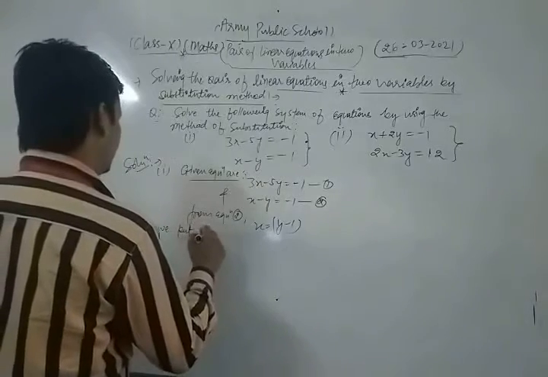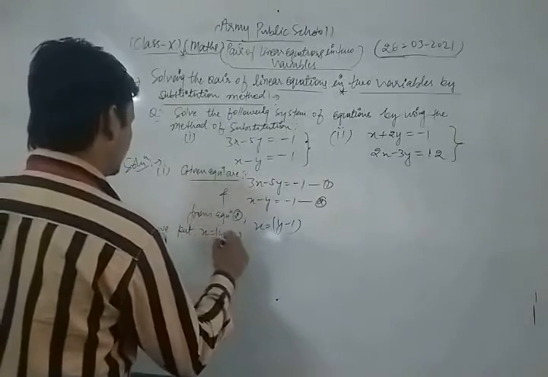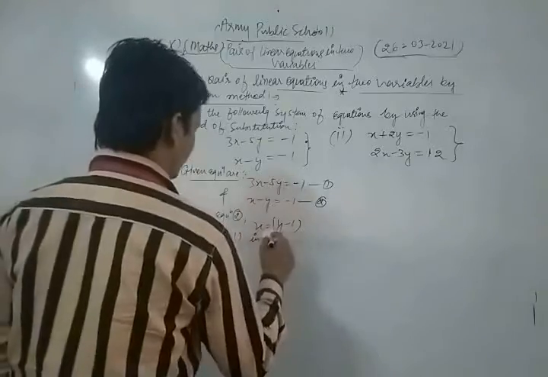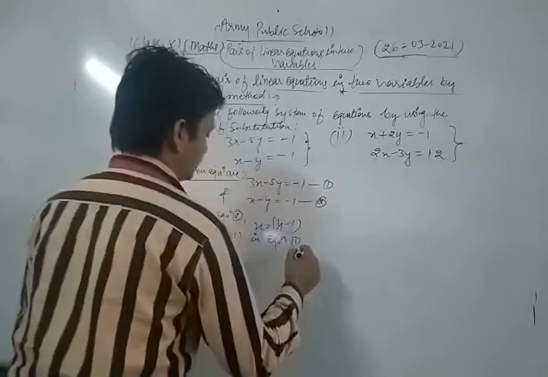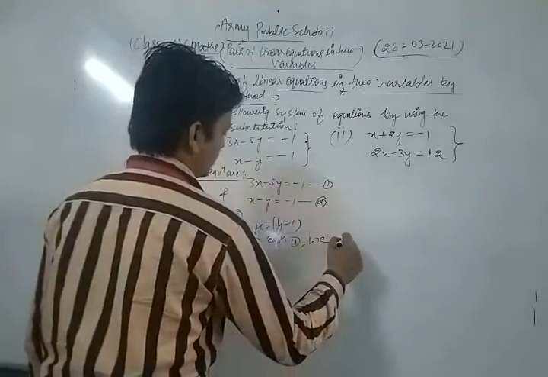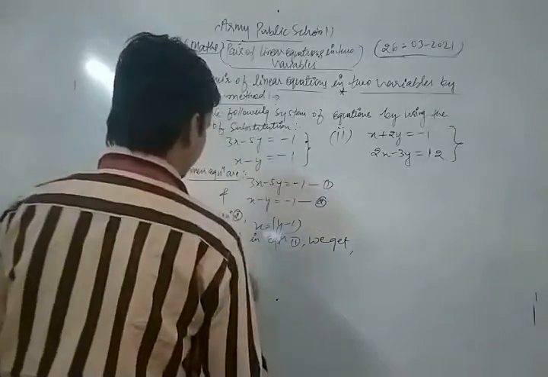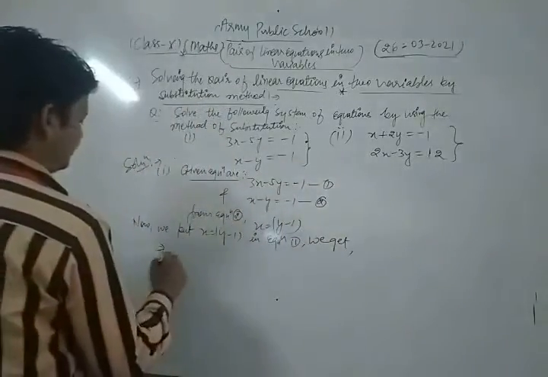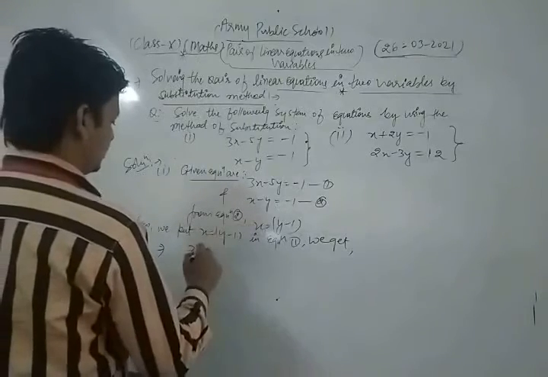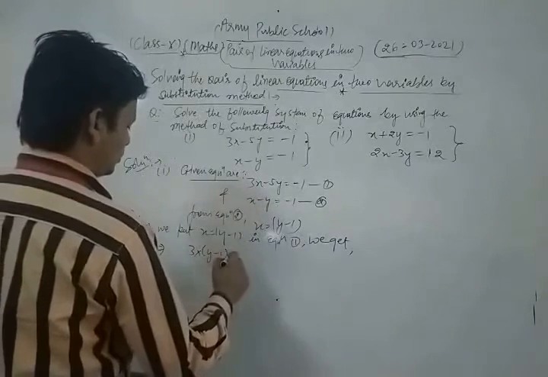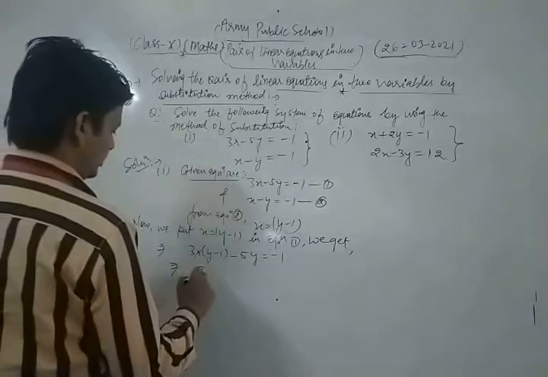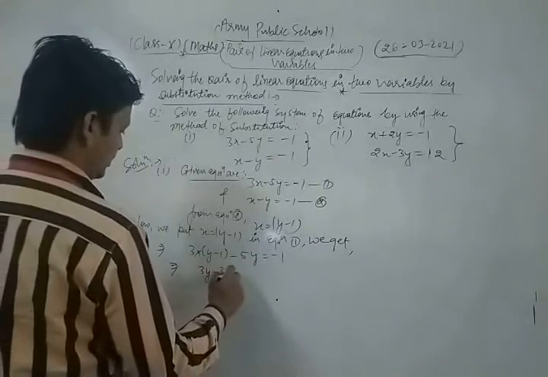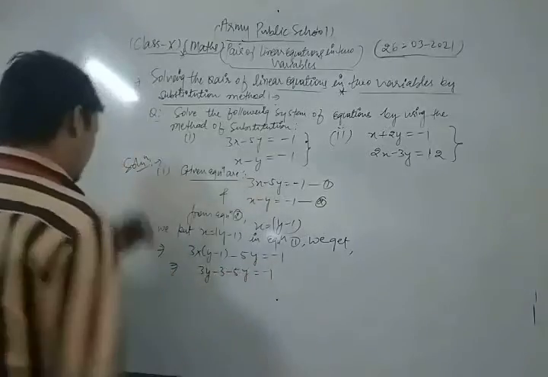We put x is equal to y minus 1 in equation 1, and we get 3 into y minus 1 minus 5y is equal to minus 1. So we get 3y minus 3 minus 5y is equal to minus 1.